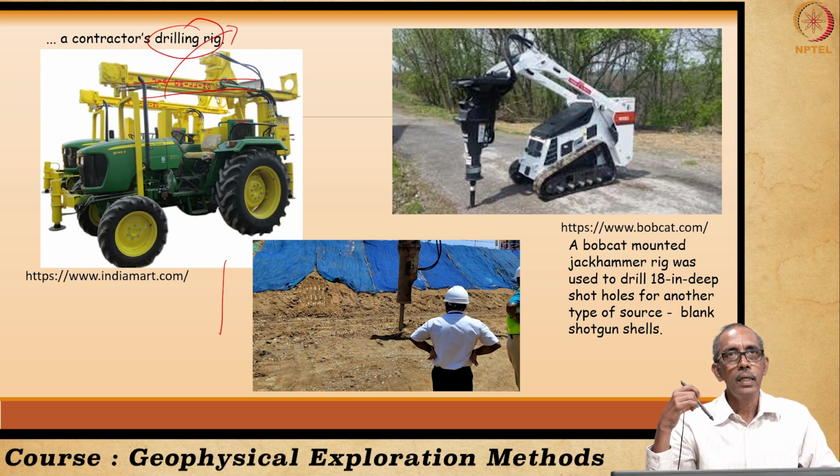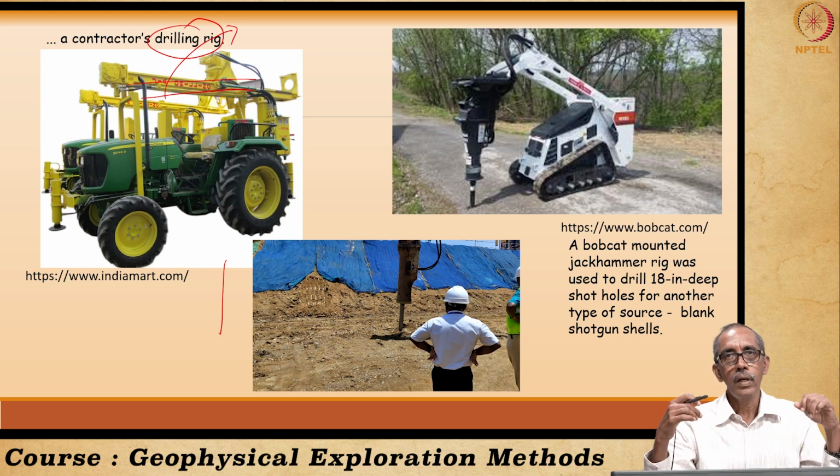We need a drilling rig if we want to have a deeper short hole. Sometimes we drill short holes to 10 or 20 meters, and many times 1 or 2 meters. It also depends on the type of material we have at the surface of the earth.